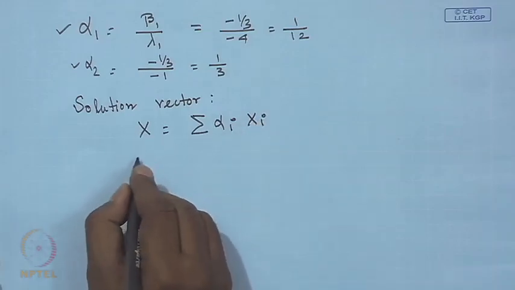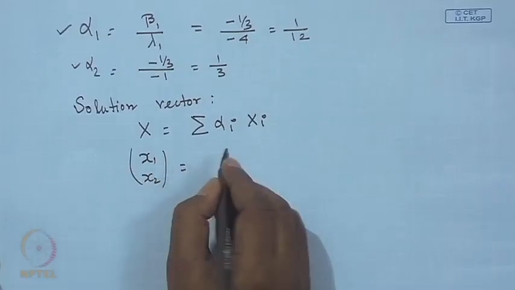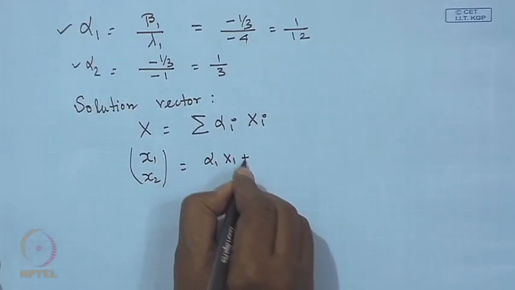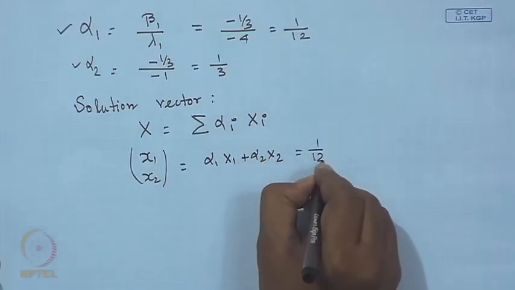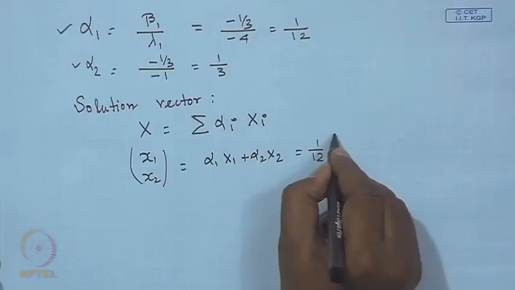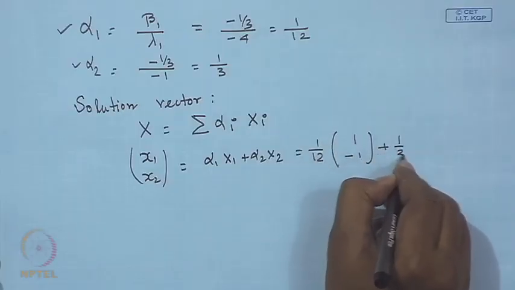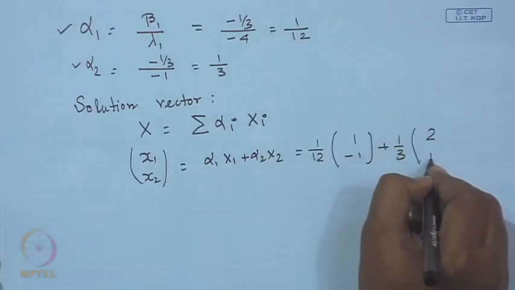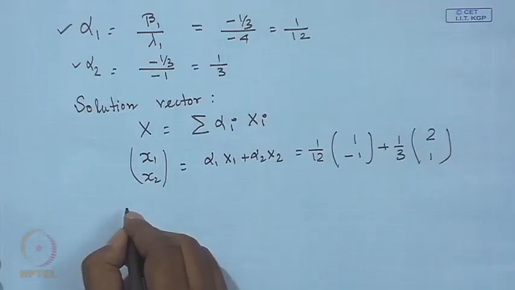You will have two elements of the solution vector, x 1 and x 2. So, this will be alpha 1 x 1 plus alpha 2 x 2. Alpha 1 is 1 by 12 and x 1 we have already found out, 1 minus 1, plus alpha 2 is 1 upon 3, times 2, 1.